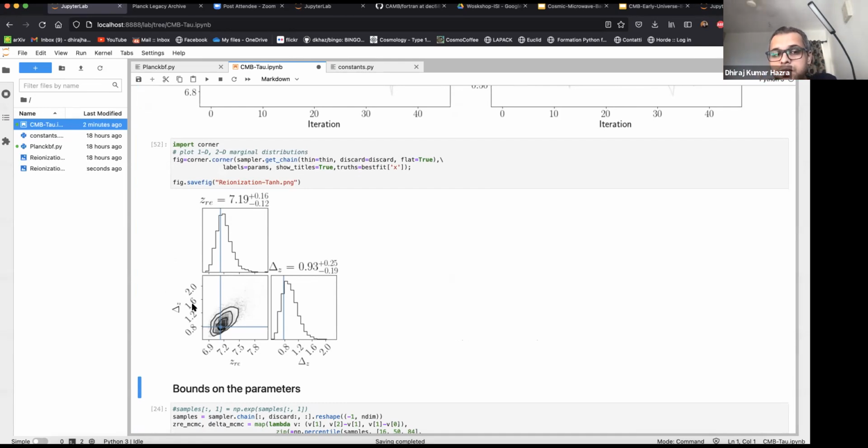So I'm solving my model, getting the tau, getting the XC, and there are two data sets. One is the tau, where I'm integrating the free electron fraction. I take a value of ZRE and delta, get a line, that is the reionization history line, integrate it, and get the tau, the optical depth.